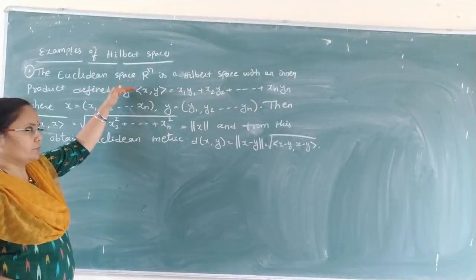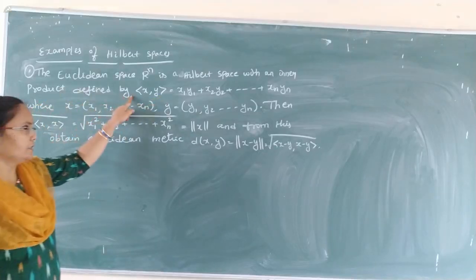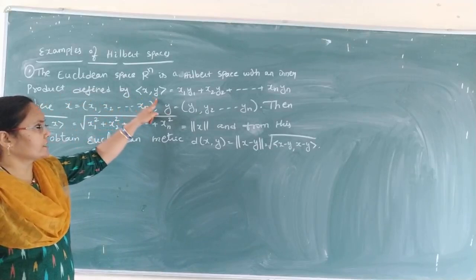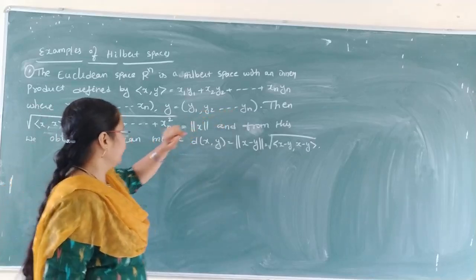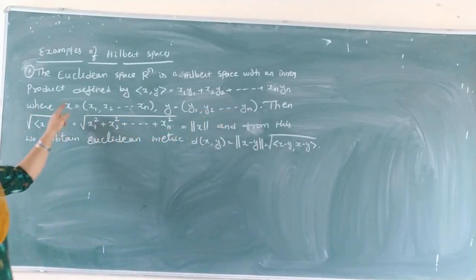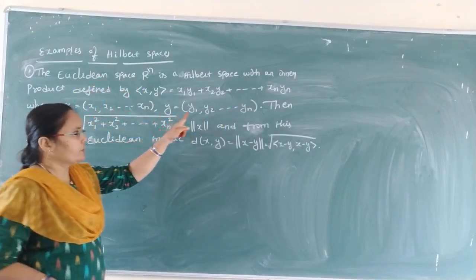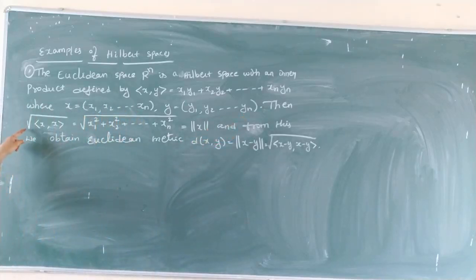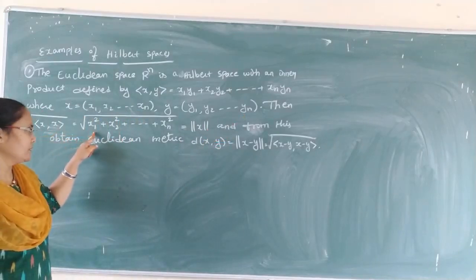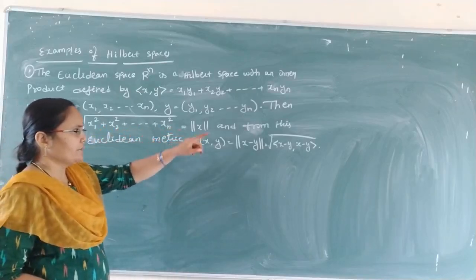We will show the proof with an inner product defined as the inner product of two vectors x comma y is equal to x1 y1 plus x2 y2 and so on up to xn yn, where x belongs to R power n, an ordered n-tuple, and y is also an ordered n-tuple. Then the square root of the inner product of x comma x is given by the root of x1 square plus x2 square and so on plus xn square, which is nothing but the norm of x.